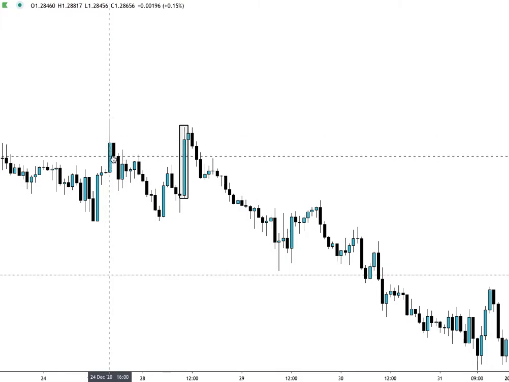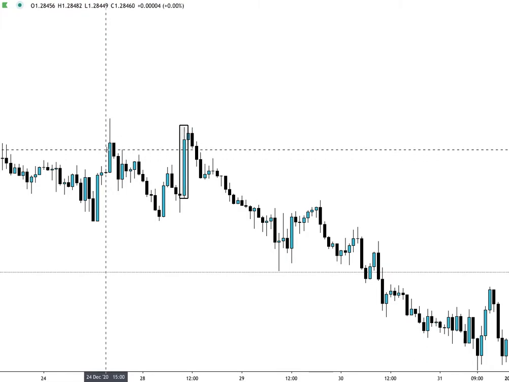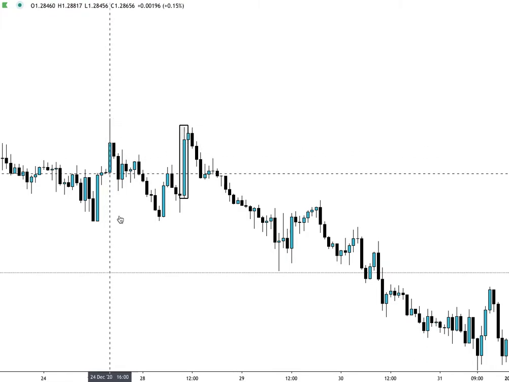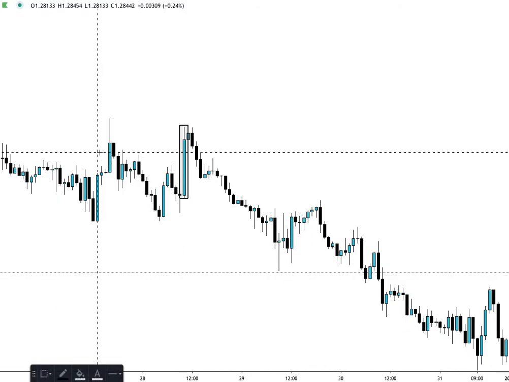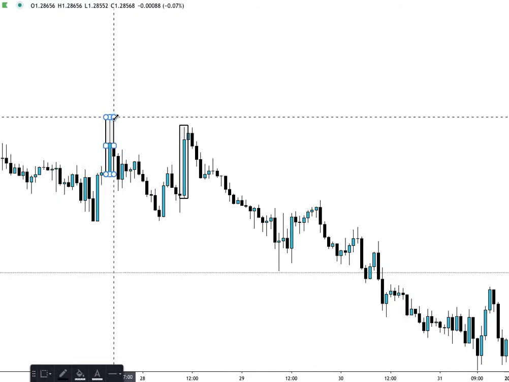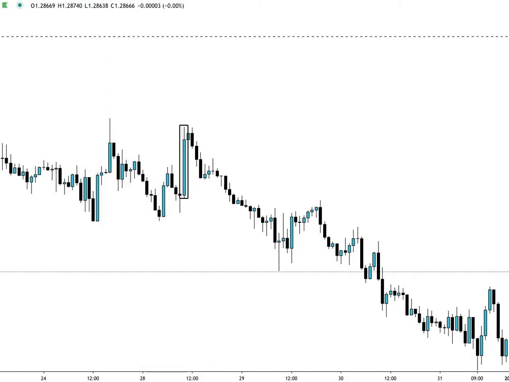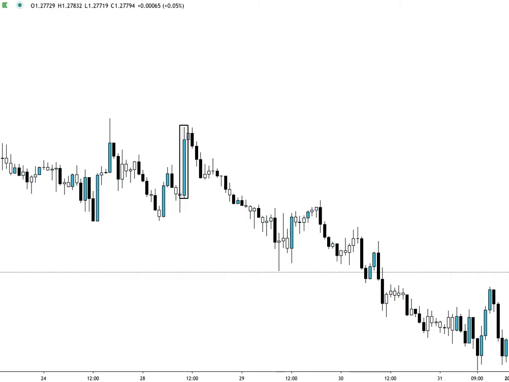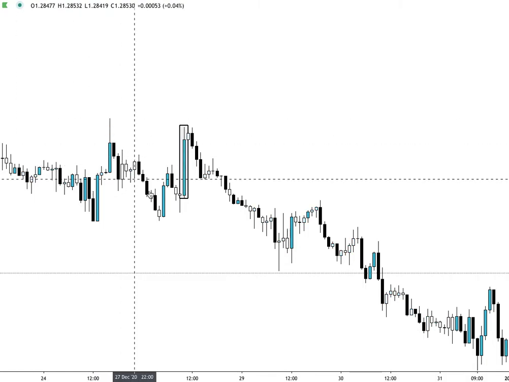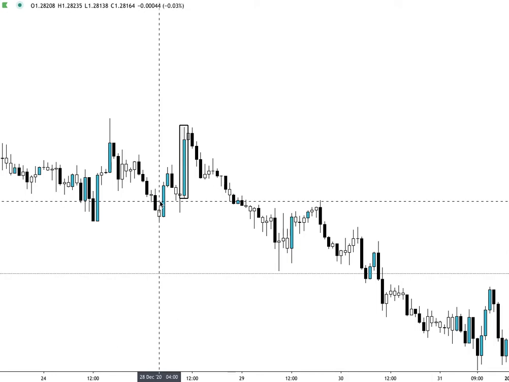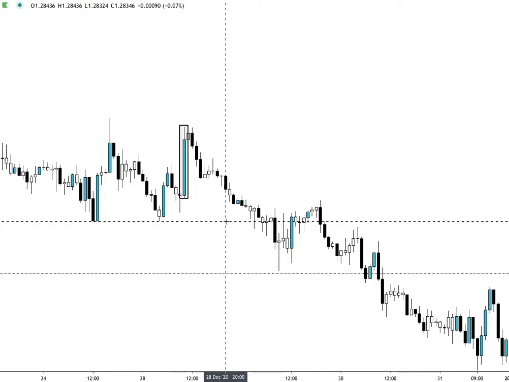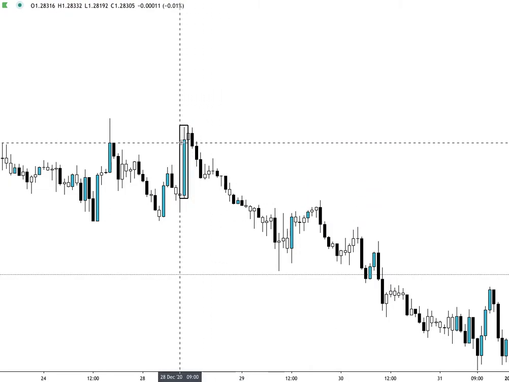Now, this might be a basing candle, though the body of the candle has to be less than the entire candle in order for this to be a basing candle. Let's see. No, that was not a basing candle. But the indicator that I use makes all the basing candles white, so it's easier to identify, right?